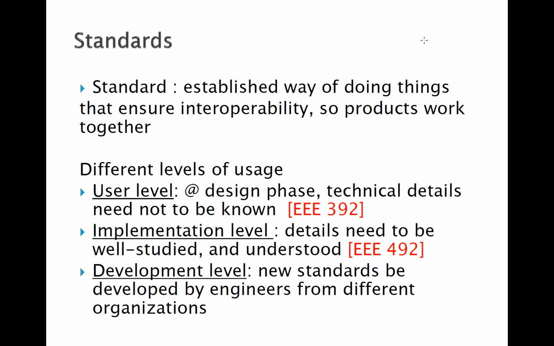In this course, EEE 392, we'll be designing a system, and we do not need to know the technical details of standards, but we have to identify which standards are applicable to our design.